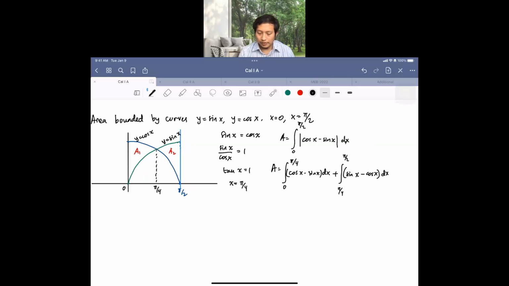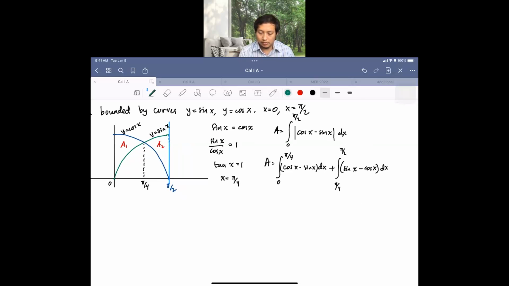Then integrate: sine x plus cos x from 0 to pi over 4, and then minus cos x minus sine x from pi over 4 to pi over 2.